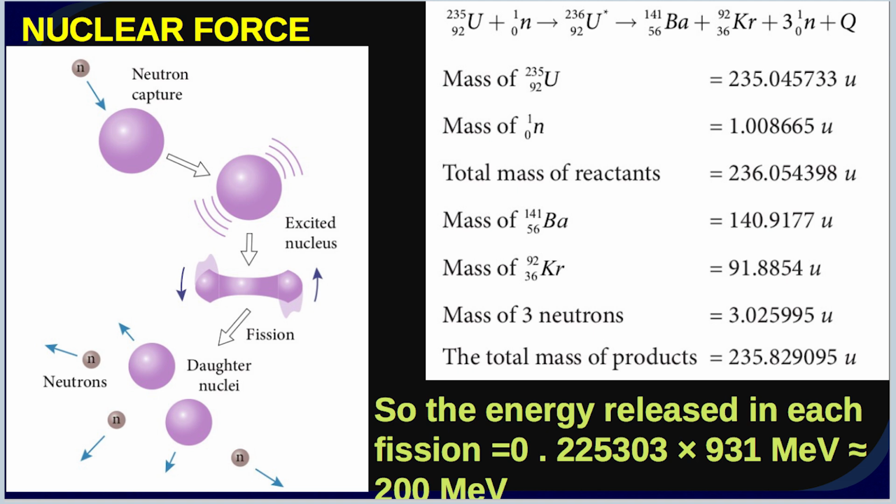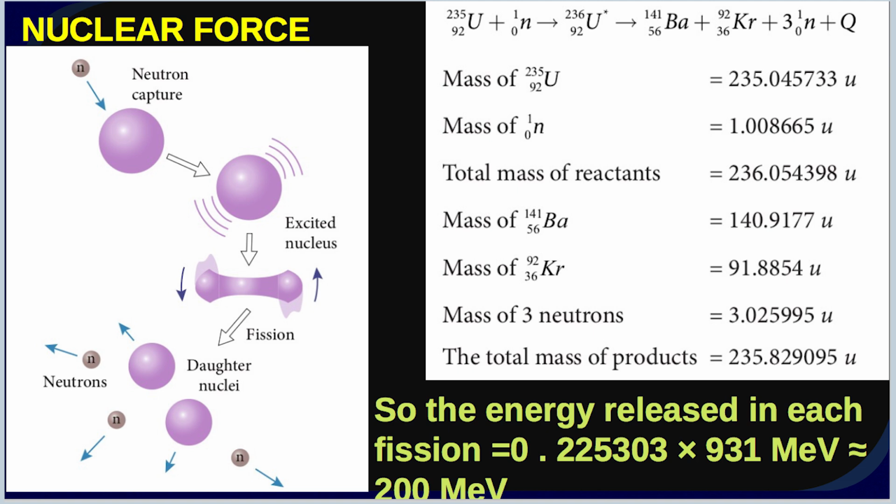We calculate the total mass, and by calculating the difference we get the mass defect, or change in mass, and multiplying this by C squared gives the total energy.